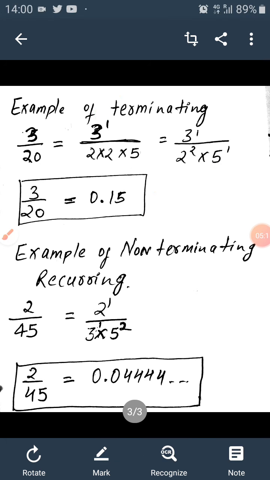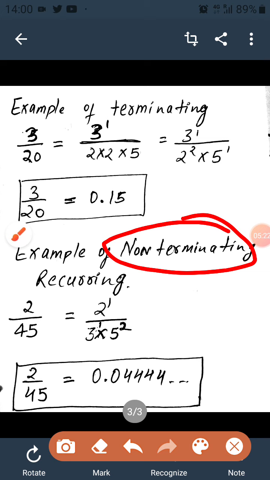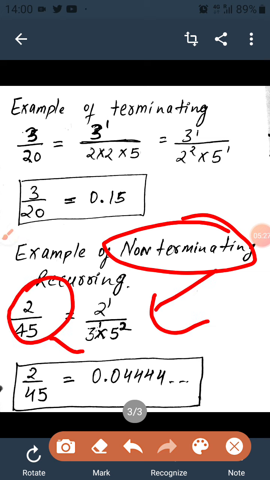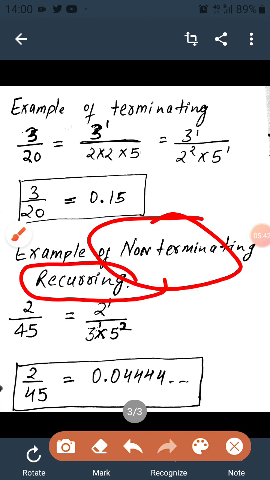Therefore, it is terminating. Now, see for non-terminating. For non-terminating, the denominator of 2 by 45 is 3 squared into 5. So here, what is missing? 2. 2 to the power n is missing. Therefore, it is not terminating, and this expansion is a non-terminating recurring expansion.